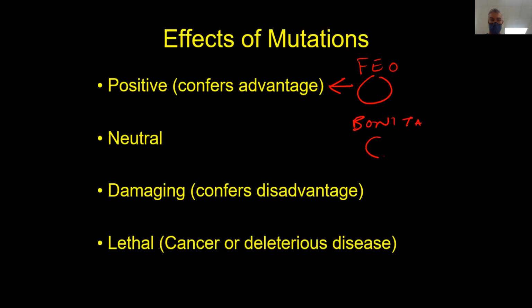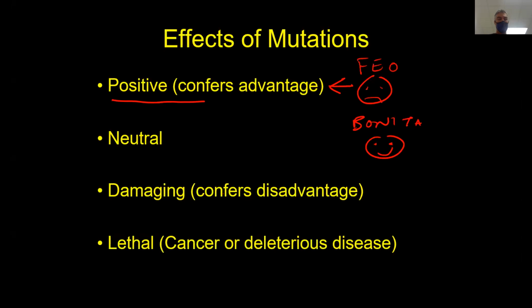I'm going to be happy rather than sad, right? So you might all of a sudden attract somebody that you never attracted before, or maybe you become super intelligent and everything seems to be really, really easy. These could be effects from mutations that confer an advantage.